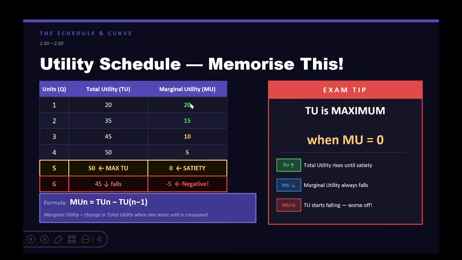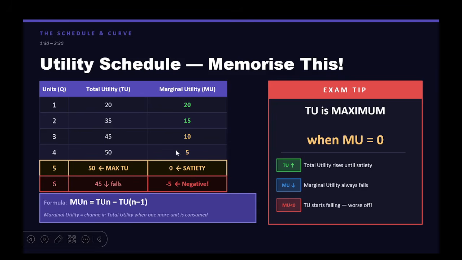Here the marginal utility is reducing when you are having the extra unit of the good. As well, the total utility is also increasing, but at a decreasing rate. And what happens when you consume the fifth unit? Total utility doesn't change and marginal utility is 0.